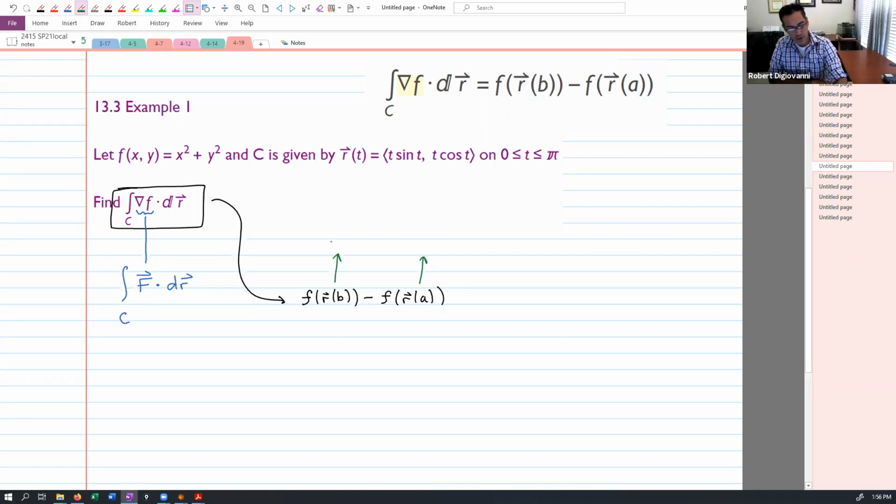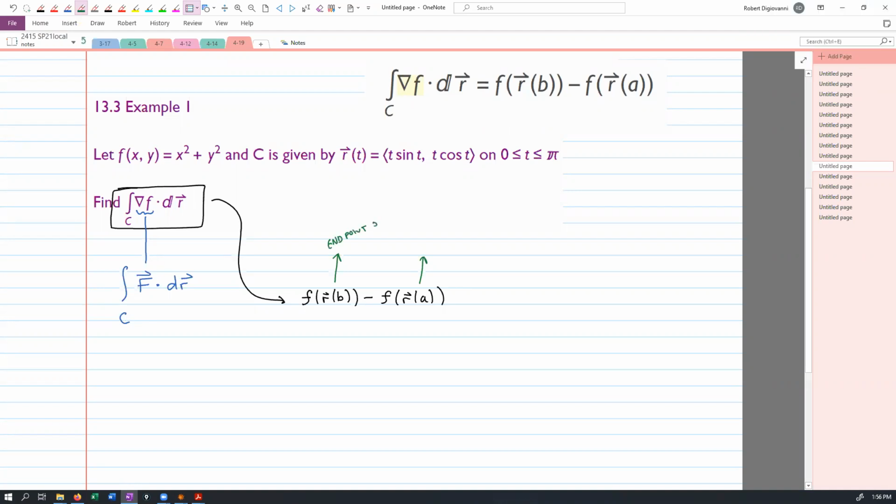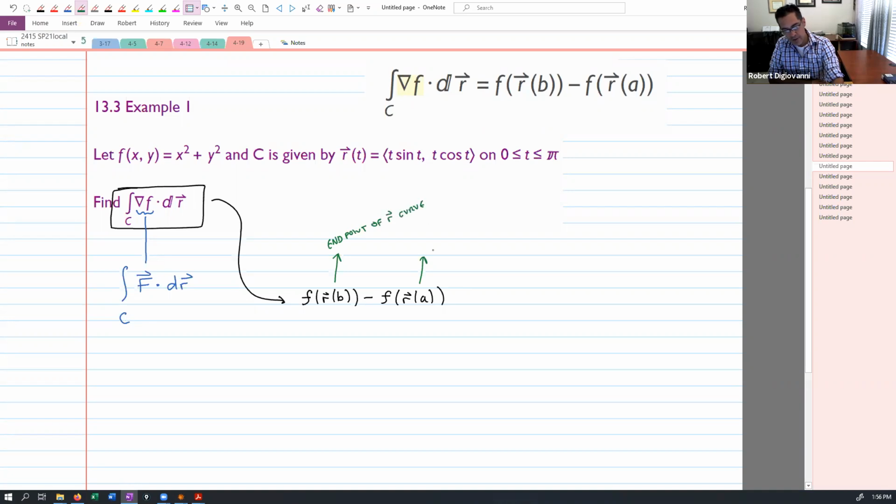Do y'all agree that this is the endpoint of the r curve, and this is the starting point of the r curve? So the endpoint of this curve is what happens at pi. Let's figure that out over here. r of b really means r of pi.